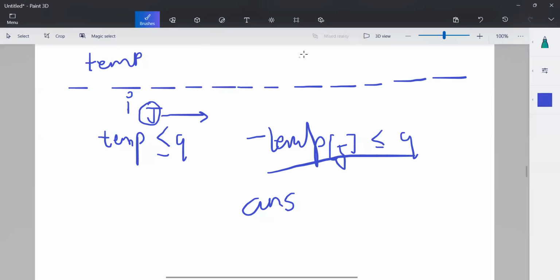Suppose I am trying to find how many possible vacations can end at J. So how many vacations can end?